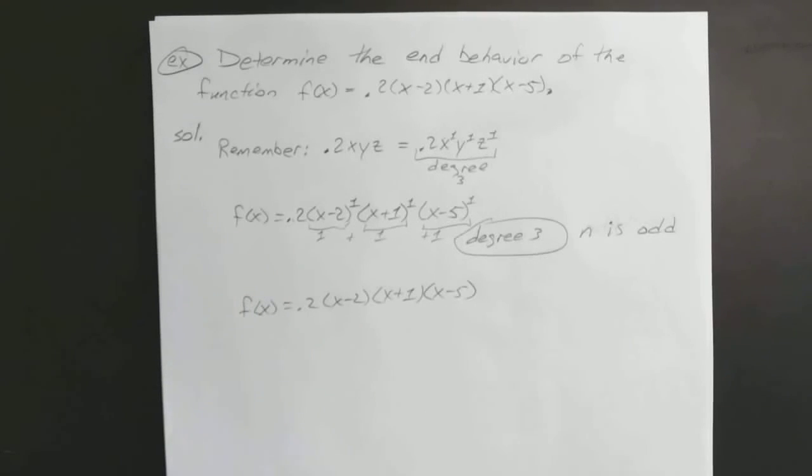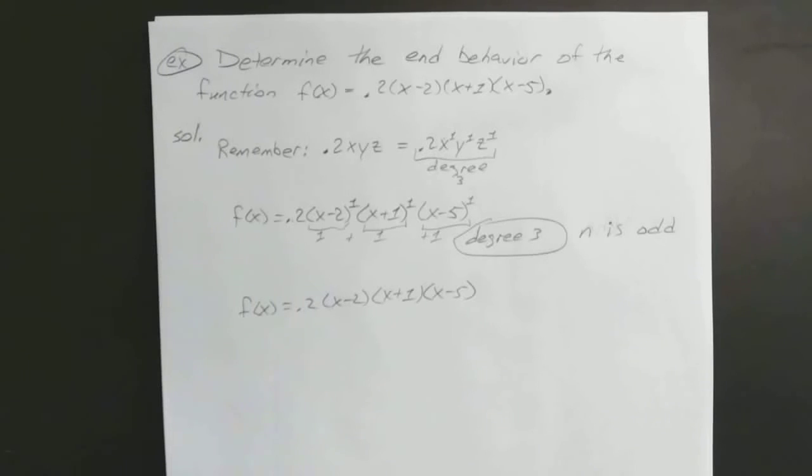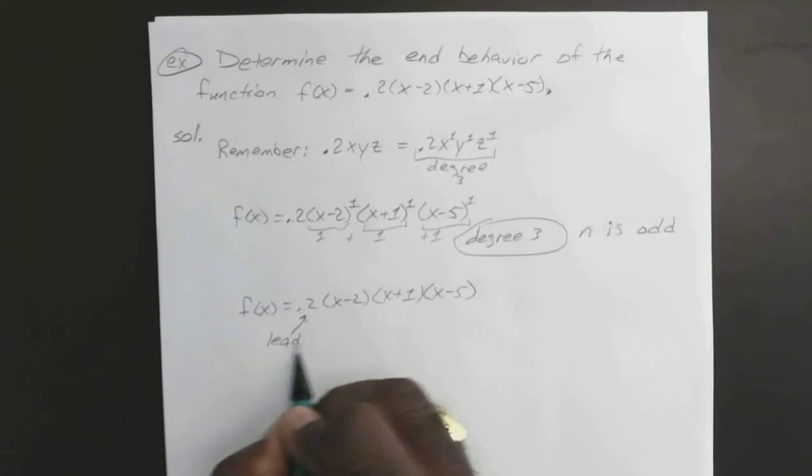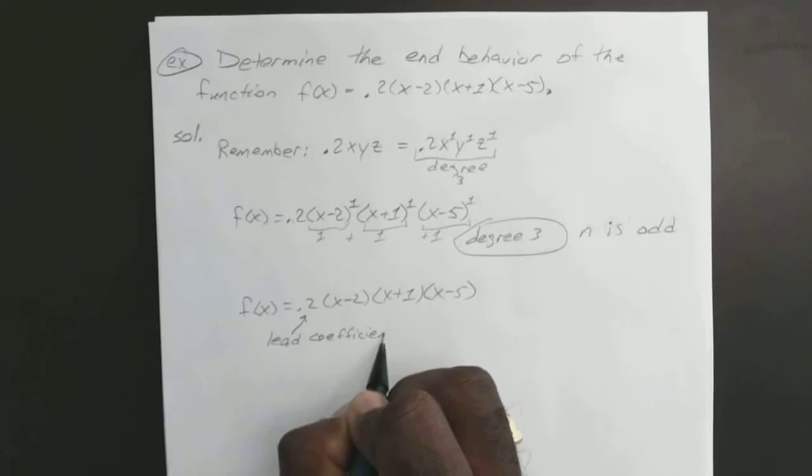0.2 times (x minus 2)(x plus 1)(x minus 5). No matter what, if you distribute all that to where you have this long polynomial, you're going to have 0.2 times x to the third plus blah, blah, blah.